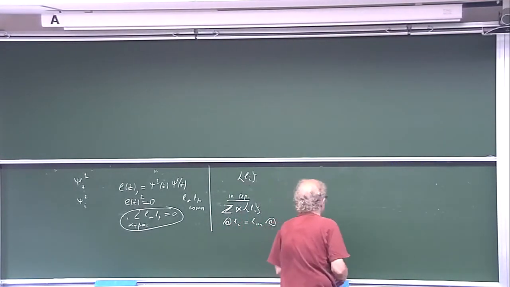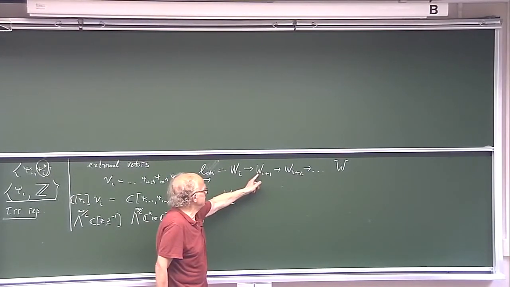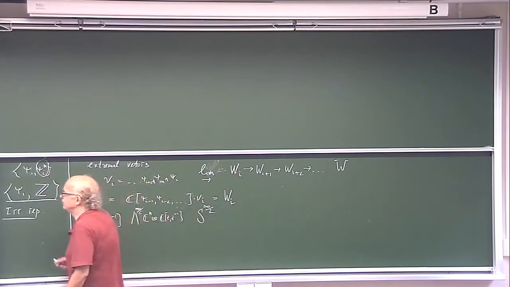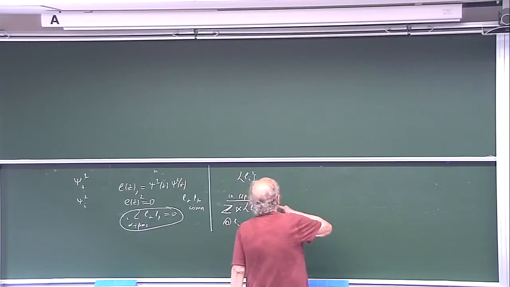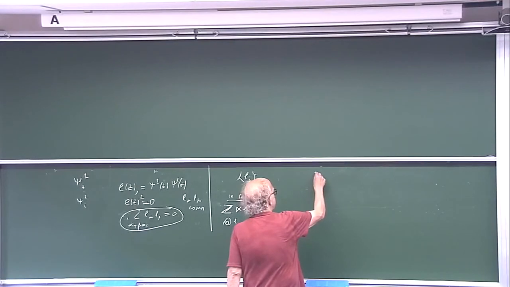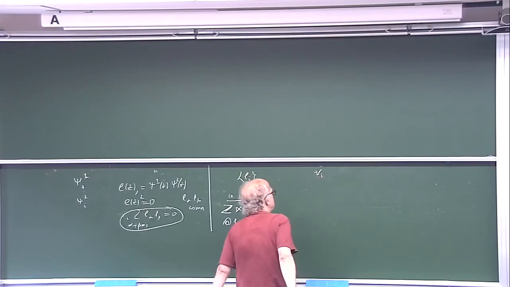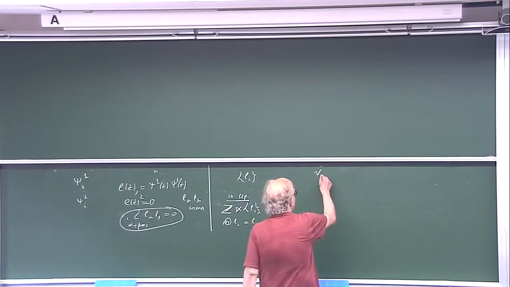But what we can do, we can construct such representations by repeating a construction of such kind. And this I want to say. Just follow this line. Suppose I want to construct a representation where I want to have extremal vectors, for example, v_0.